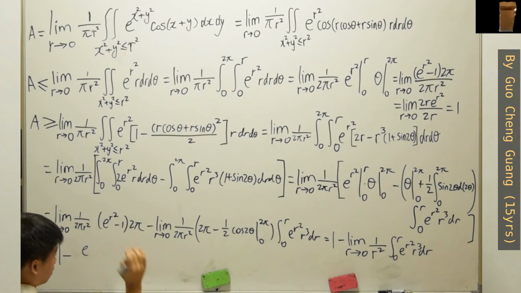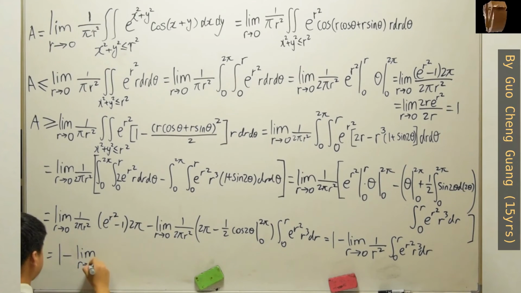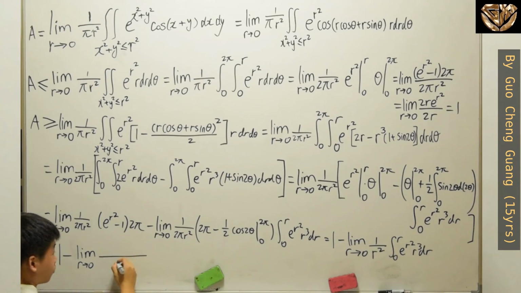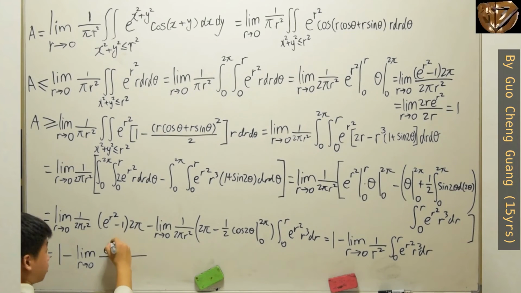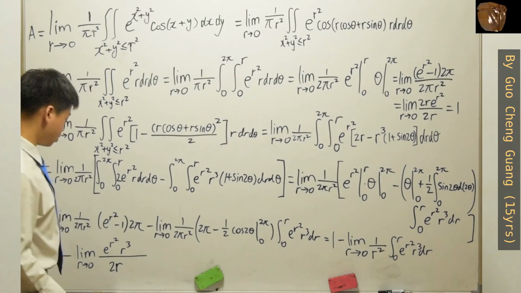So, when you substitute in your upper boundary, you would actually still have your e to the power of r squared and r cubed. So e to the power of r squared and r cubed would still be up here, while in your denominator you are going to have 2r, just like your L'Hopital's rule.